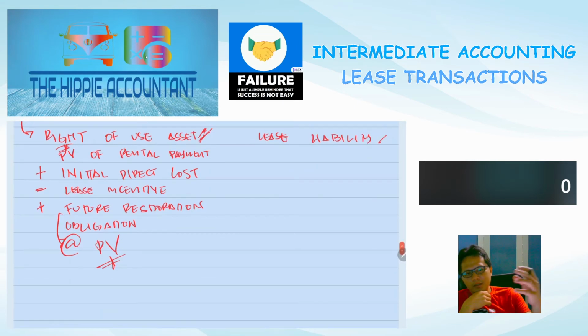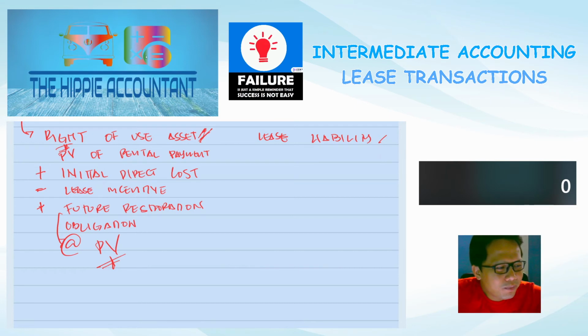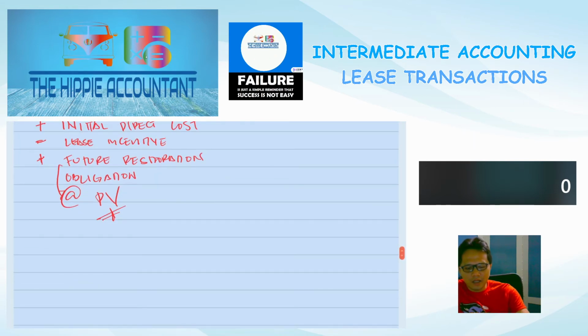Now, sometimes, in a lease agreement, kumbaga, we are required to pay taxes, yung mga real property taxes and other licenses in regard to the subject of the lease, no? Those type of expenses, yan yung tinatawag natin na mga executory costs, no?